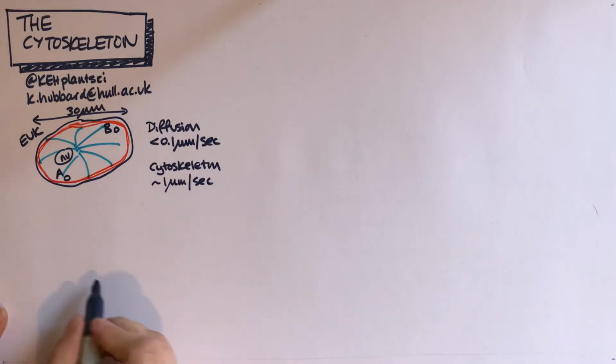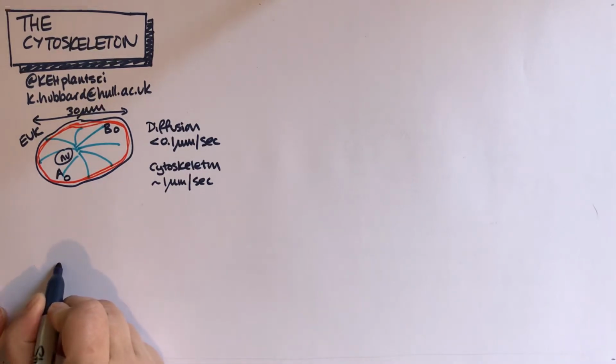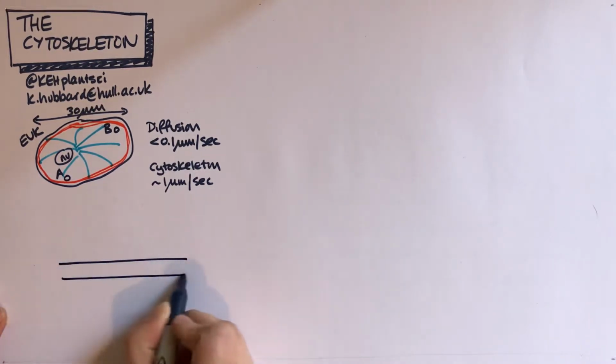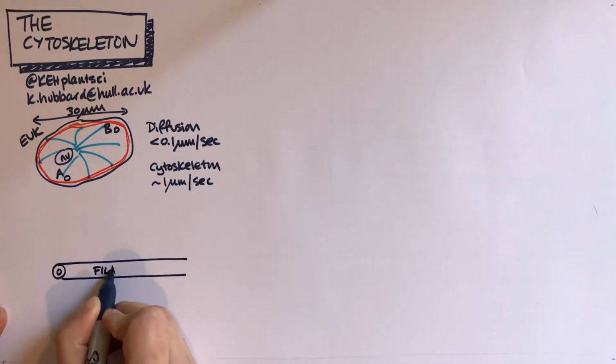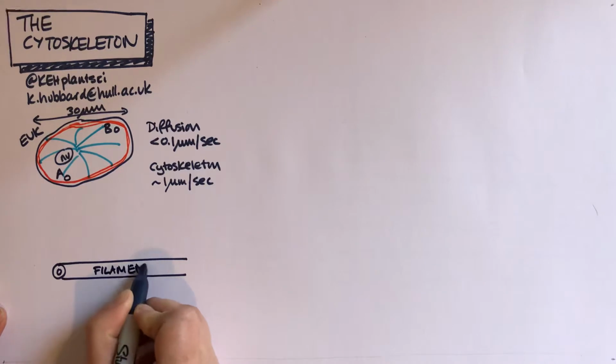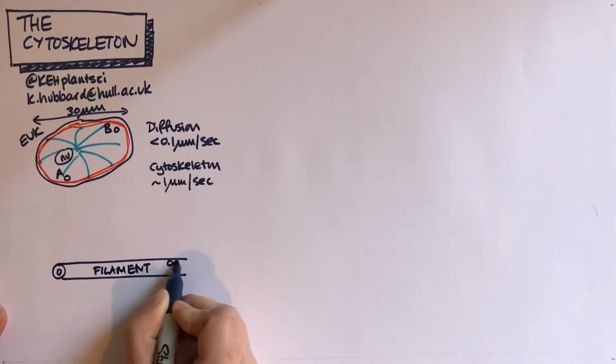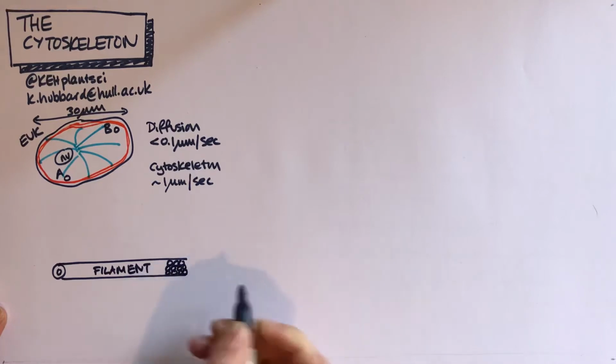So what you have is some sort of filament which is made of repeating proteins. So you've got the same protein again and again and again.